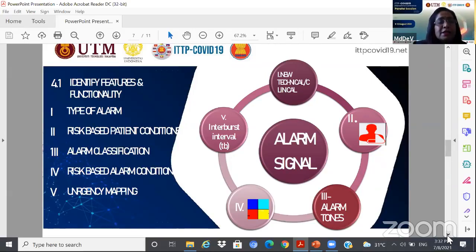And to summarize, the development of the new alarm sounds, the second phase will be the 2 alarm systems, the technical alarm and the clinical alarm. And the focus was on the clinical alarm, where it is divided into high priority alarm and medium priority alarm, where the medium priority alarms are the NIBP, non-invasive BP, and SpO2.